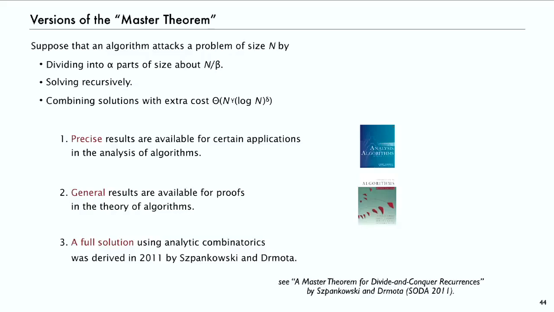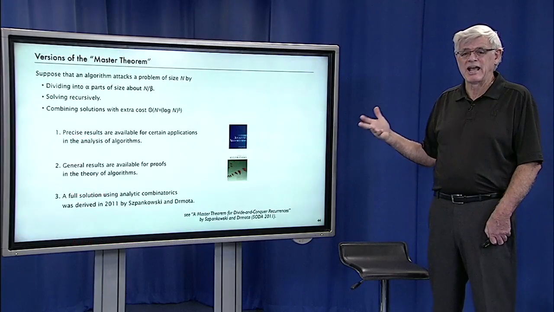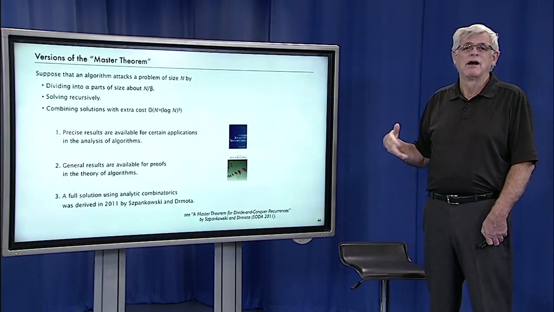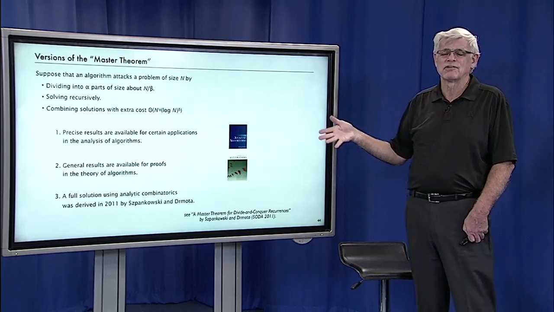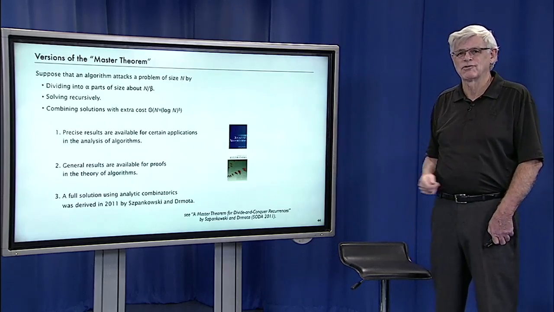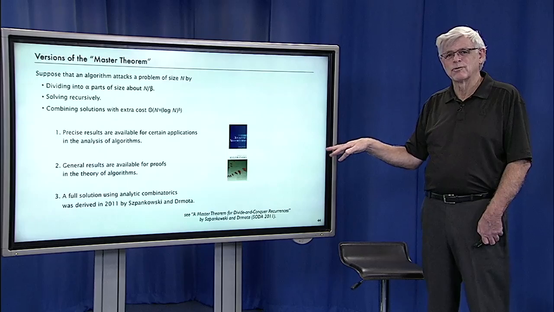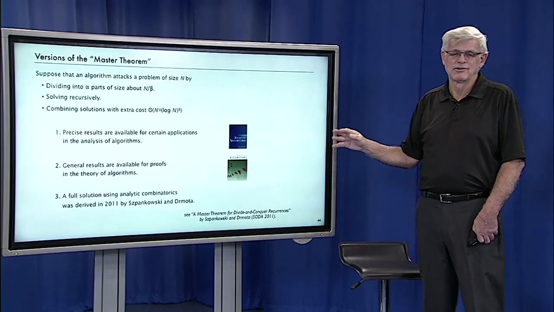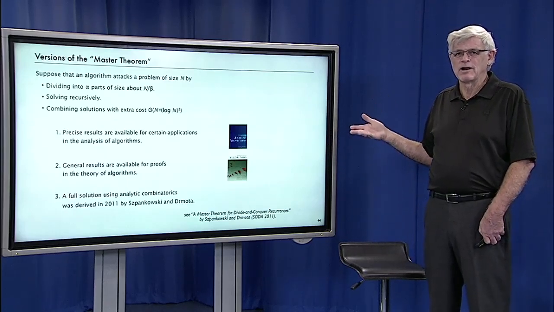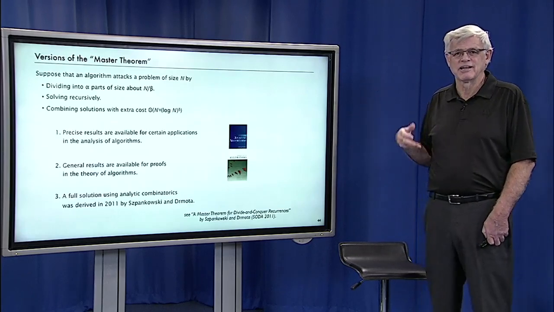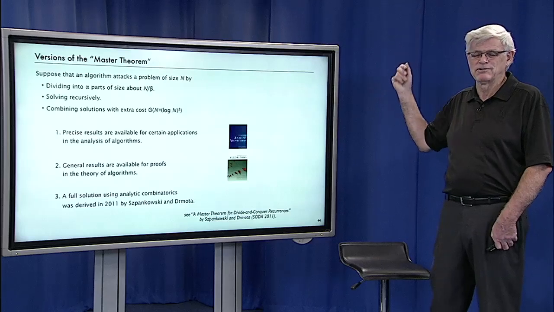And then very recently, a full solution using analytic combinatorics was developed by Szpankowski and Dermota that captures, in general, all the kinds of oscillations as we determined for merge sort. Now, really appreciating how and why this solution works in the way that it does is going to require everything that we cover in analytic combinatorics, including part 2.